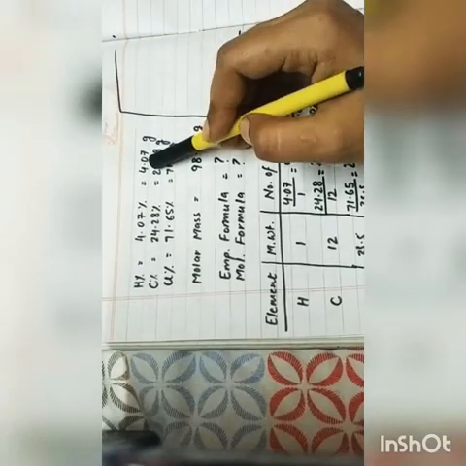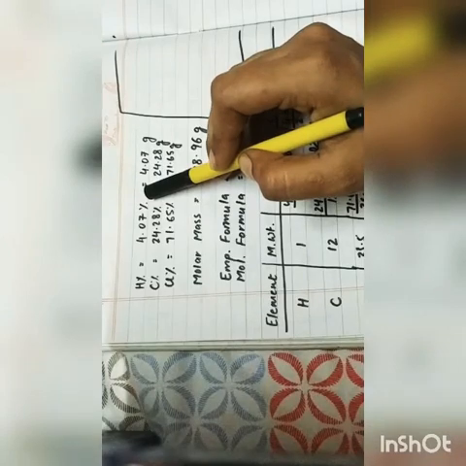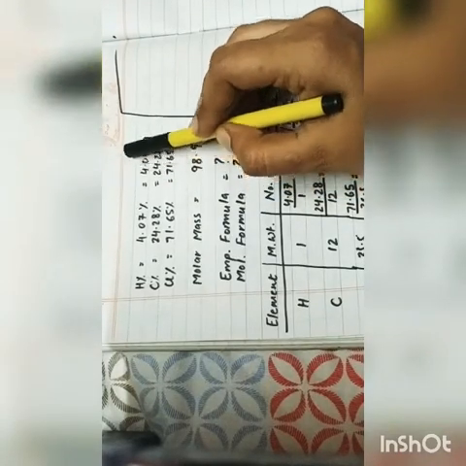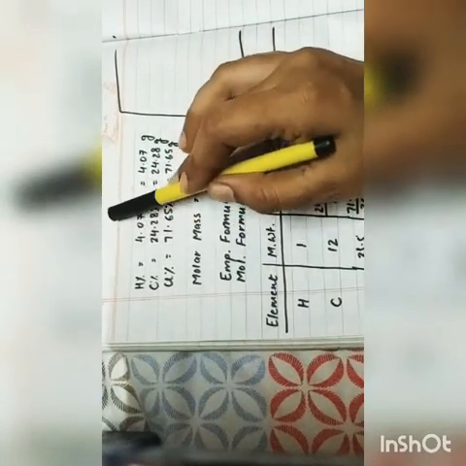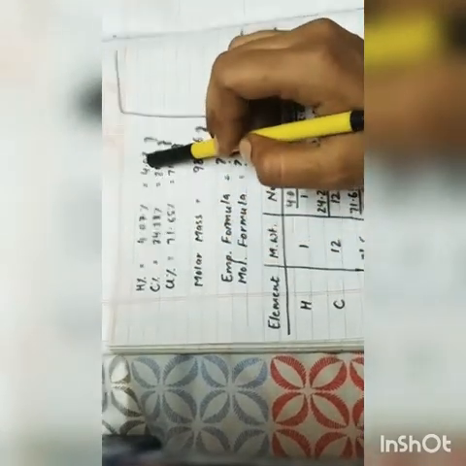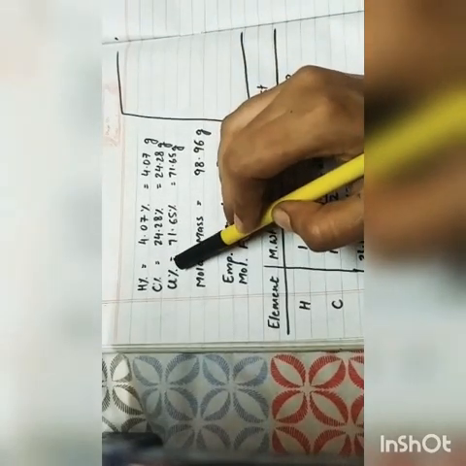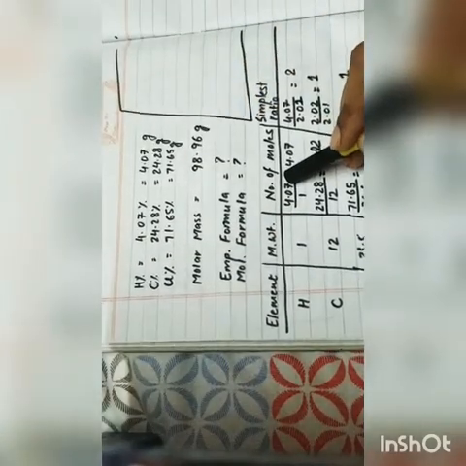Same as it is, if hydrogen is 4.07%, then in 100 gram of total compound mass, hydrogen mass will be 4.07 gram, same as it is with carbon and chlorine. So let's start with the method.